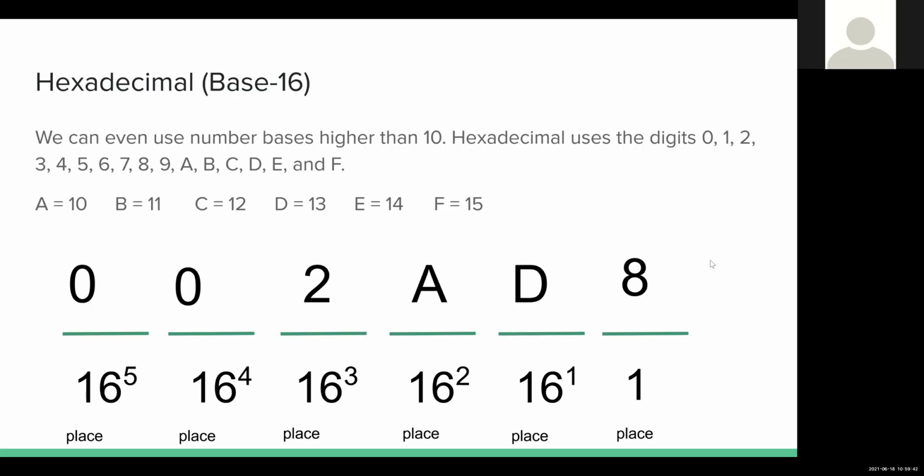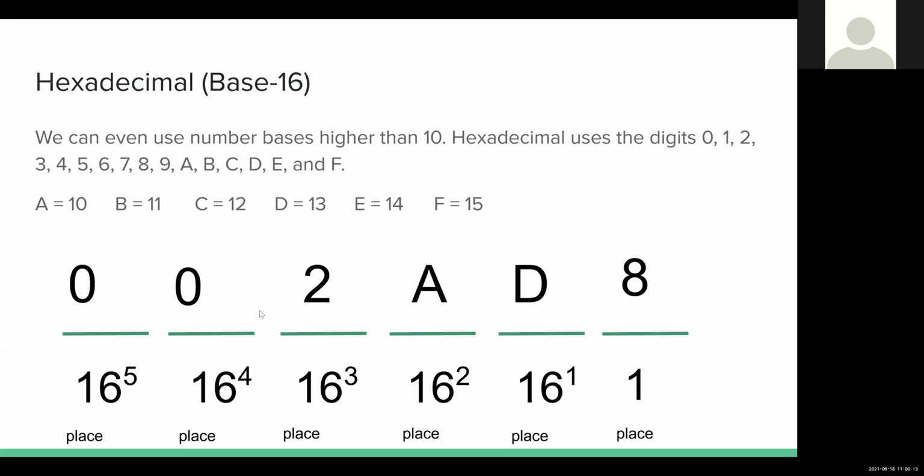Okay, so hexadecimal is just base 16. Hexa means 6, and decimal means 10. But the problem is, in bases like 6 and 7, and any base below or including 10, we can only go until n-1.